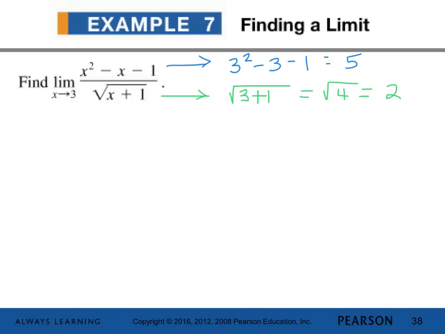And therefore, the limit as x approaches 3 of this quotient is going to be 5 over 2. And it would be okay to say that that's 2.5. The limit of the quotient is the quotient of the limits.